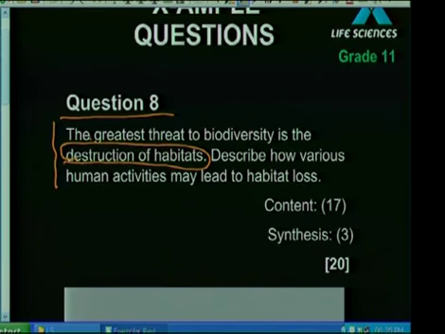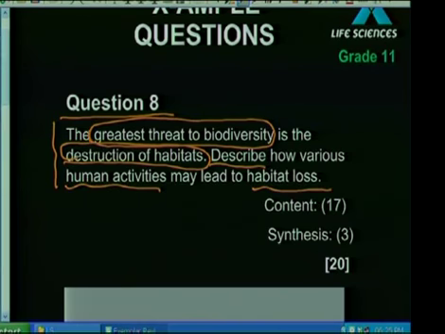This is the greatest threat to biodiversity. Is there a question in that? No. Let's follow. Describe how various human activities may lead to habitat loss. Is there a question in that? Not really a question, but an instruction.